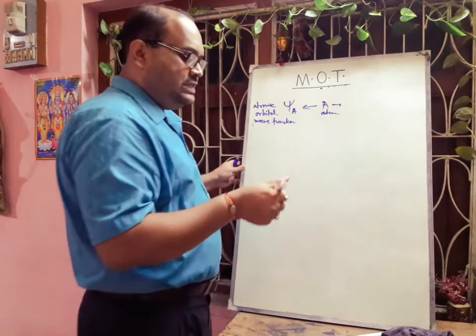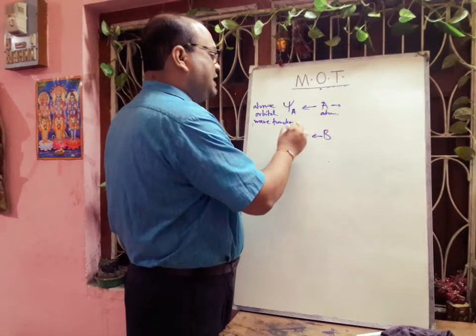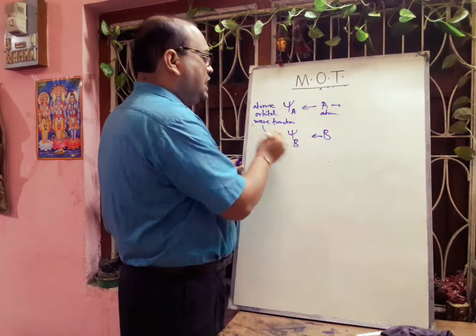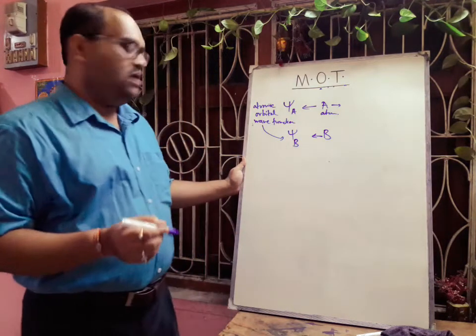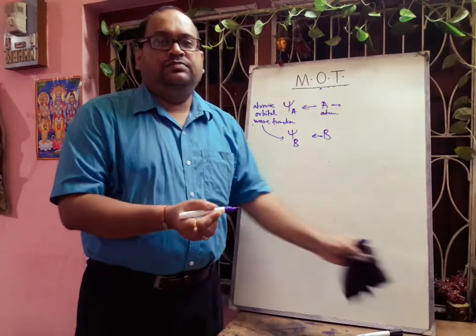Another atom we are considering is the B atom. So for the B atom it will be psi B. This is also the B atom's atomic orbital wave function.